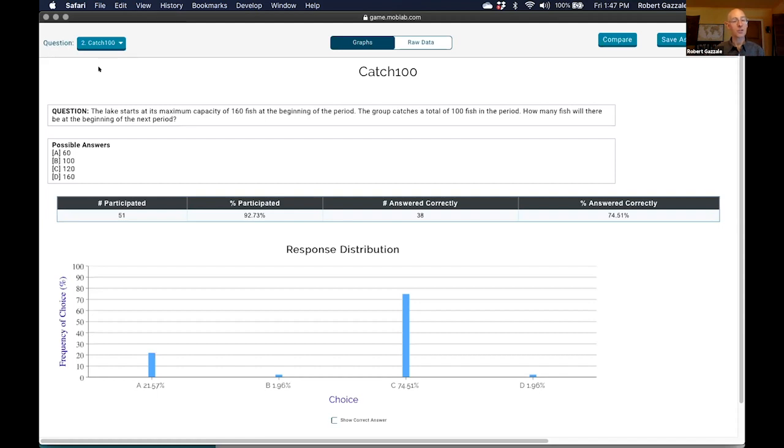These 60 fish double up to 120. And 75% of you, 3/4, answered that correctly. So remember, at the end of the season, fish double up to the maximum of the lake's capacity.